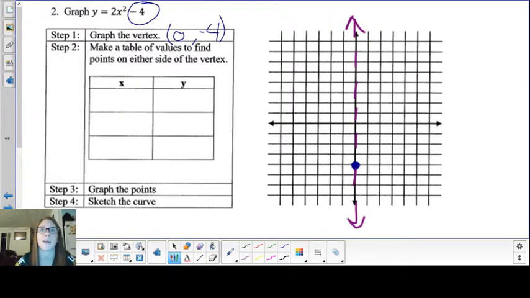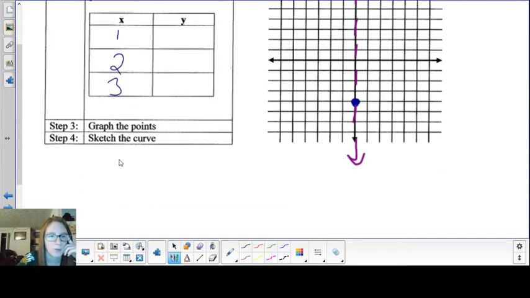So I'm going to put that guy in. We're going to next go ahead and pick points to plug in. And if you notice, I just have a 2 here. I don't have a fraction, so we're just going to go easy and do 1, 2, 3. We like easy.